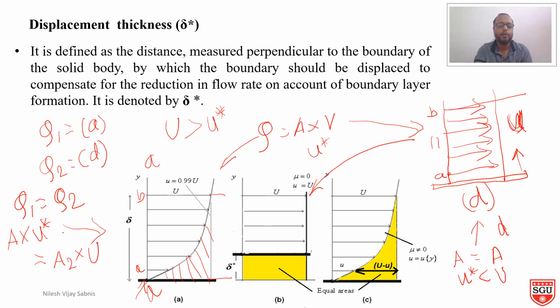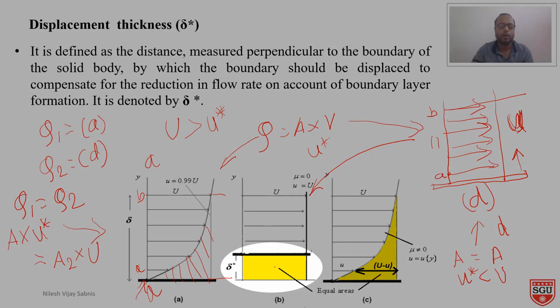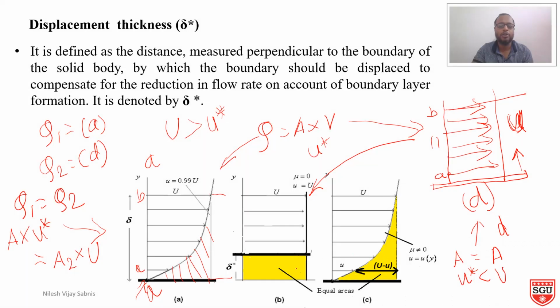So what we have done, we have reduced the area by lifting the plate on the upper side. And what should be the consideration here? The area of this section and this section, which is shown in the yellow color, should be same. Now let's see the definition once again.